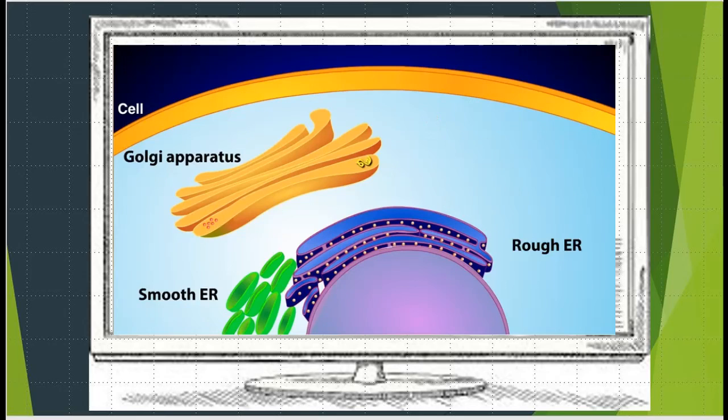Other cell materials leaving the Golgi apparatus may be destined for secretion from the cell. For example, some might be hormones that help with body regulation, while others might be proteins that become part of the materials surrounding the cell. Before these products can be exported from the cell, they must first be packaged into a secretory vesicle. This vesicle then merges with the plasma membrane, releasing its contents into the external environment.